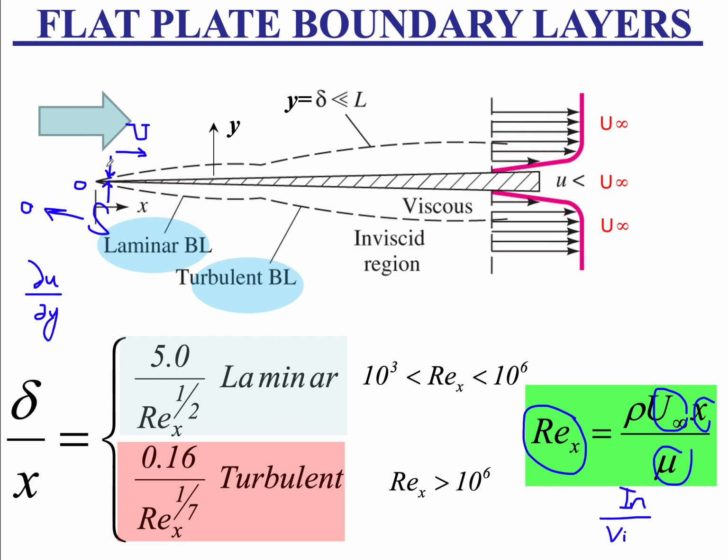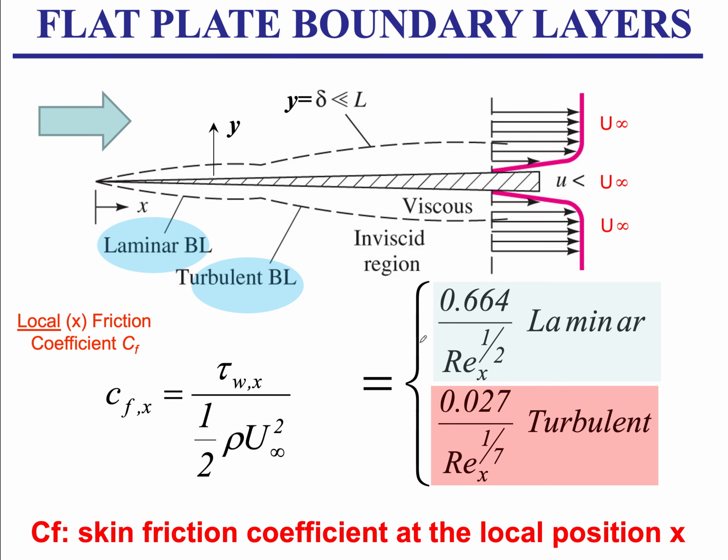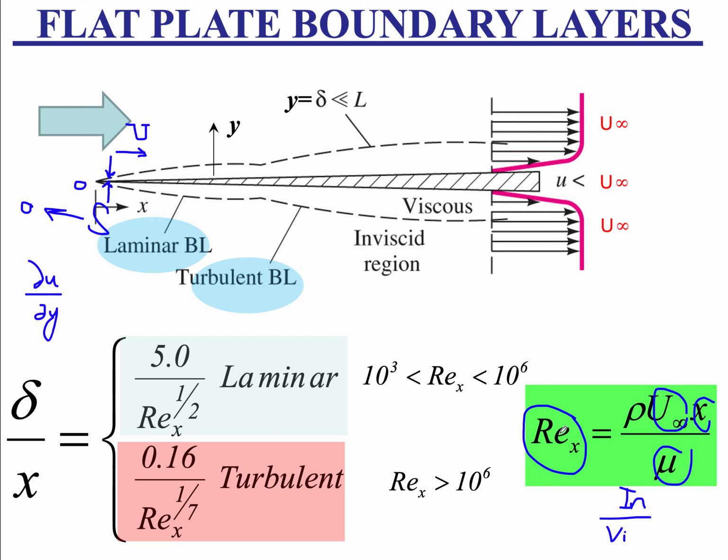That is why we define the Reynolds number for a boundary layer based on the distance x from the leading edge: at the leading edge the effect of viscosity is so large, our Reynolds number is very small, x is close to 0, and the effect of tau is going to infinity. So du dy goes to infinity, and the shear stress tau goes to infinity.